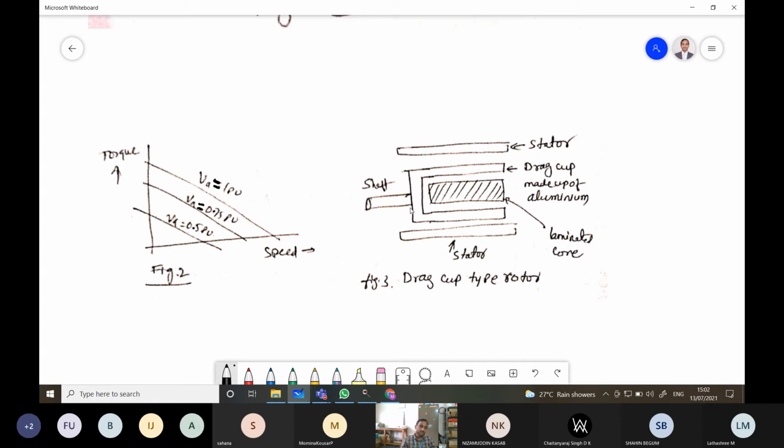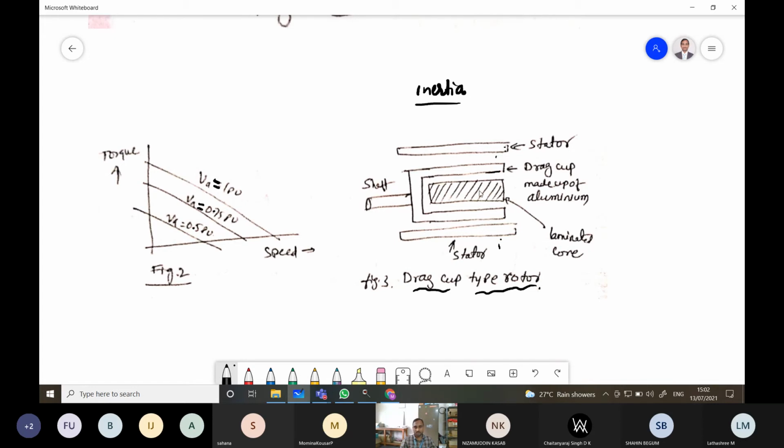And to reduce the inertia, that is the moment of inertia, a drag cup type rotor can also be used. It consists of a stator, and in between the stator the rotor part is provided. This is in the shape of a drag cup.